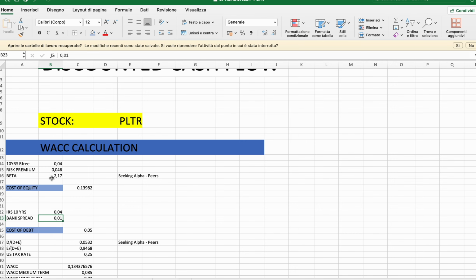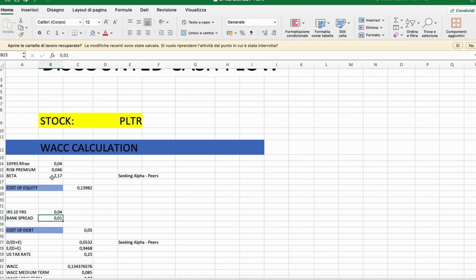And I've taken the last 24 months beta that was 2.17, that is pretty high, and it can influence the overall valuation, make it look less valuable than what it actually is, and we'll see how to change it along the way.